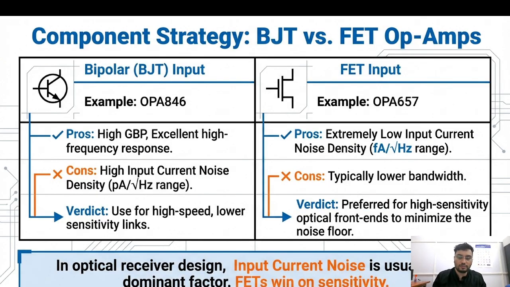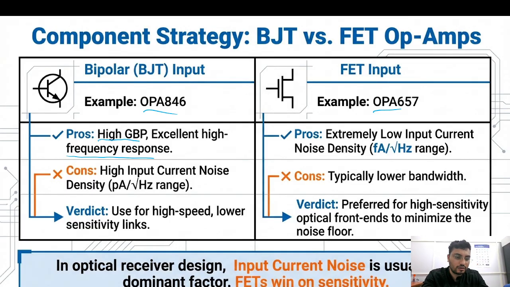So here two kinds of op amps can be used. One is BJT and the second one is FET, and examples are given here from the classes itself. I have taken these examples: OPA846 and OPA657. You can see here the pros for the BJT input: high gain bandwidth product and excellent frequency response.